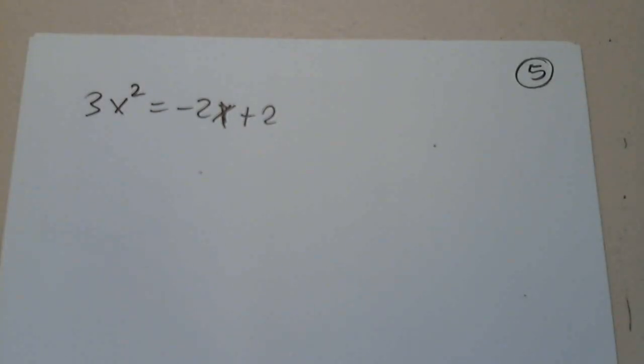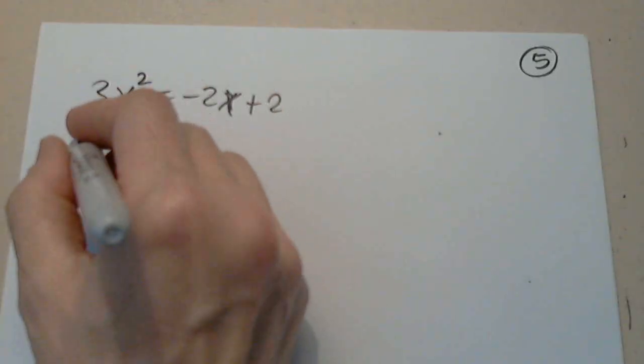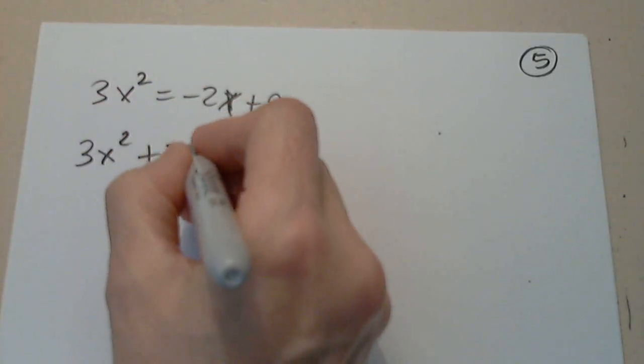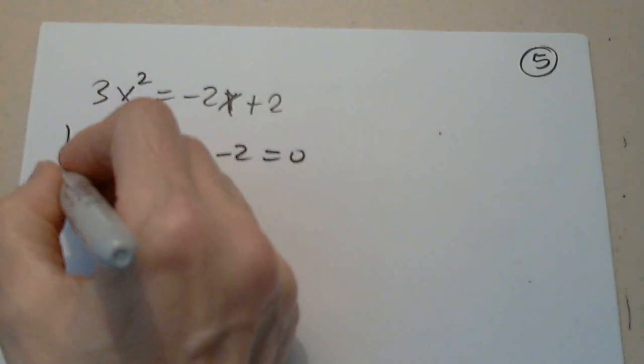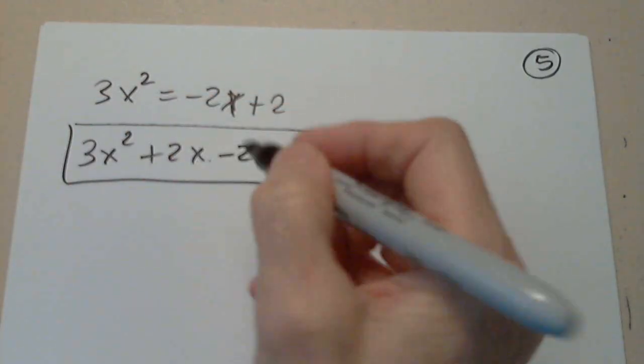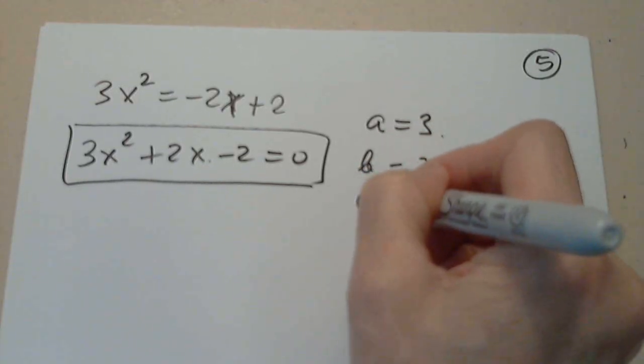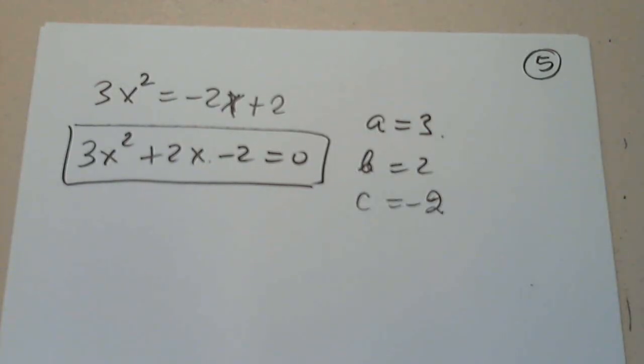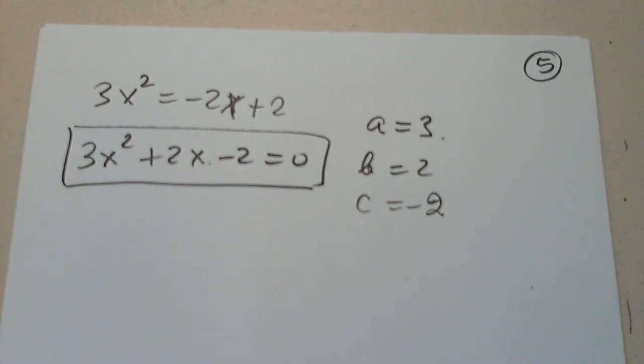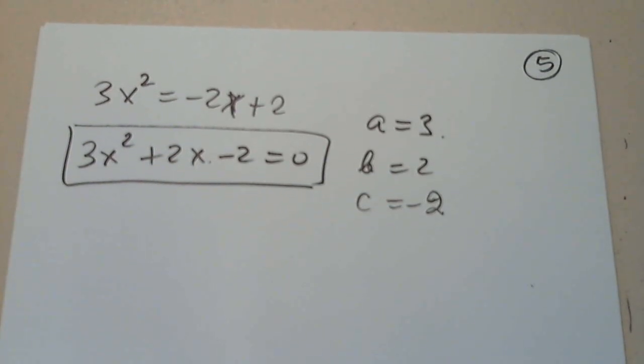So we cannot use the quadratic formula before we arrange the equation in the standard form, meaning 3x squared plus 2x minus 2 equals 0. So this is the starting point, because only here I can identify that A is 3, B is 2, and C is negative 2. If it's not in the standard form, we cannot correctly identify A, B, and C.